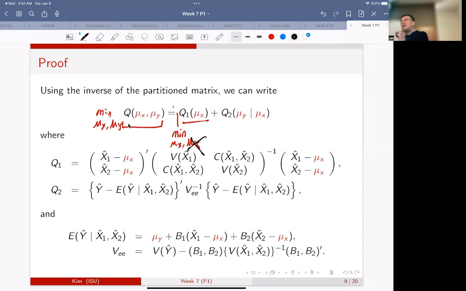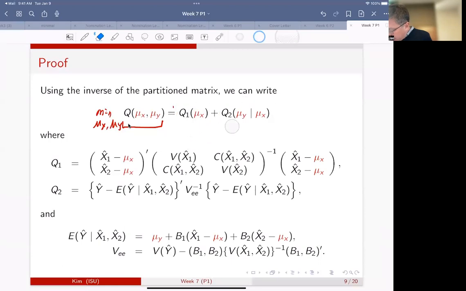So the bivariate optimization problem becomes a univariate optimization problem, which is supposed to be easier. So you can do it step by step: find the optimizer for the first one, and then find the optimizer for the second one. That's basically the idea.